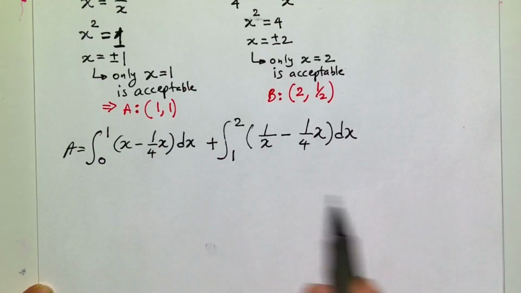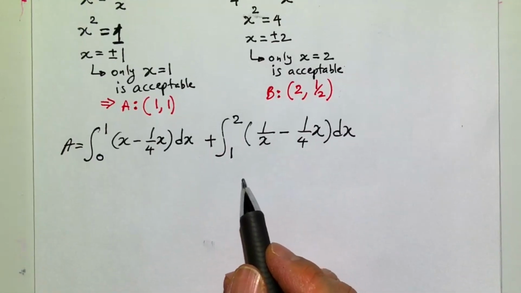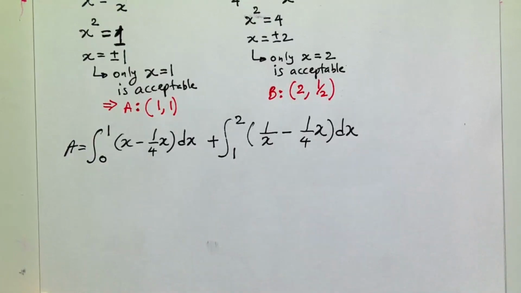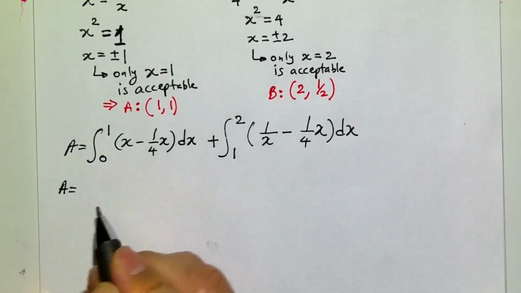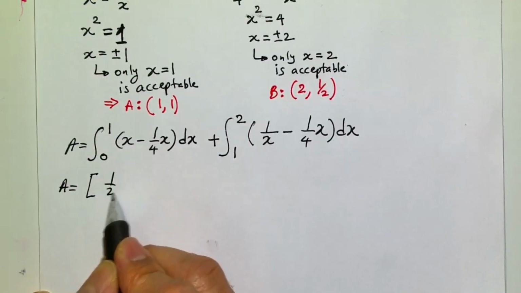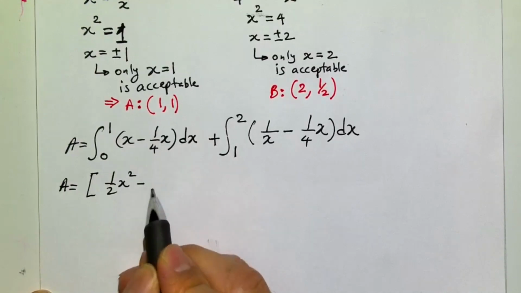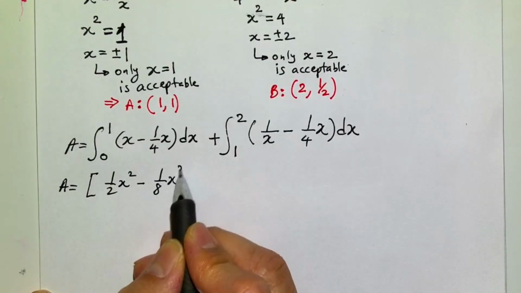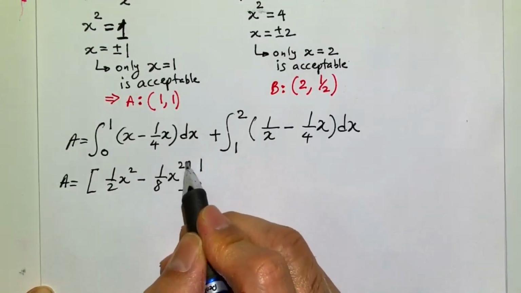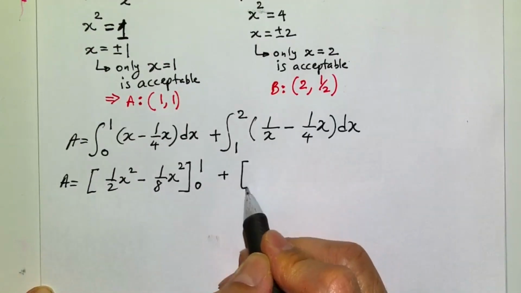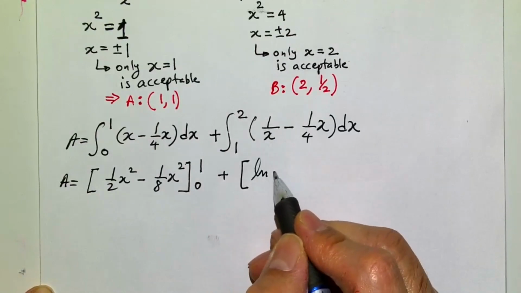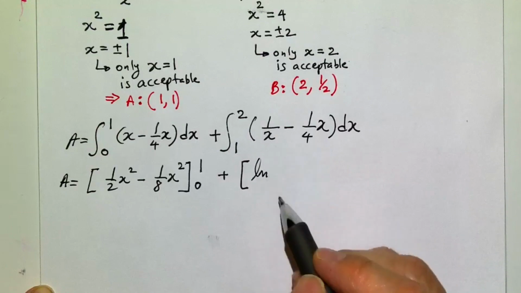Okay, so now we're set to calculate. To do the rest is just easy integration and basic algebra. So A would be equal to 1/2 x squared minus 1/8 x squared, going from 0 to 1, plus, this is 1 over x, so the integral of this is natural log of absolute value of x.